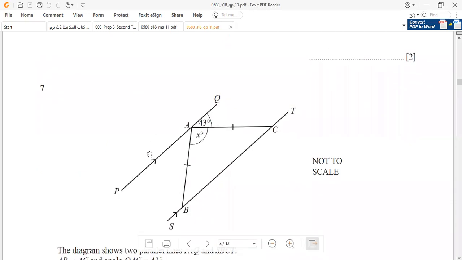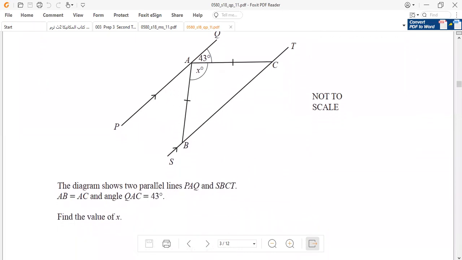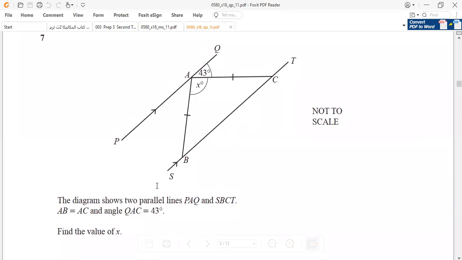Let's go to question 7. Here, find the value of x. The two lines PQ and ST are parallel. We have the sign of parallelism. The diagram shows two parallel lines, PAQ and SPCT, and we are given that AB equals AC and angle QAC is 43 degrees.